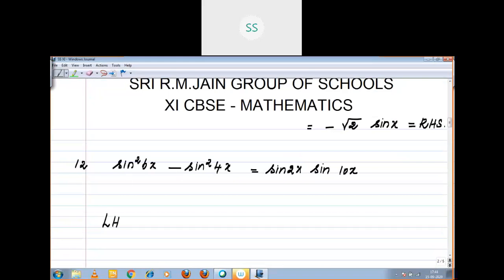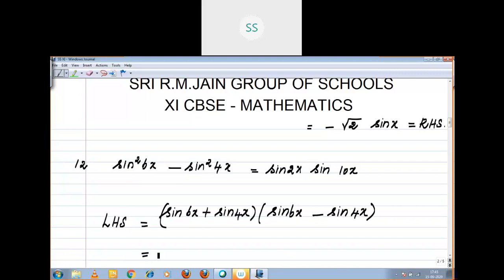See the left hand side, what it represents. Does anything come to your mind, children? Yeah, very good, the a square minus b square identity. That means (sin 6x plus sin 4x) into (sin 6x minus sin 4x), a plus b into a minus b. Got it?